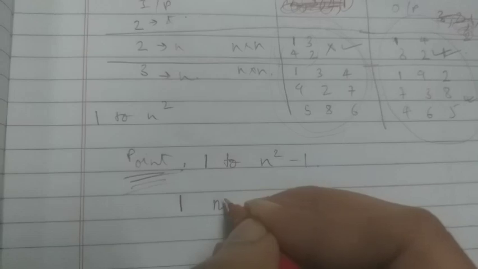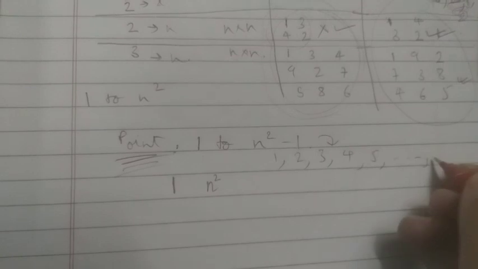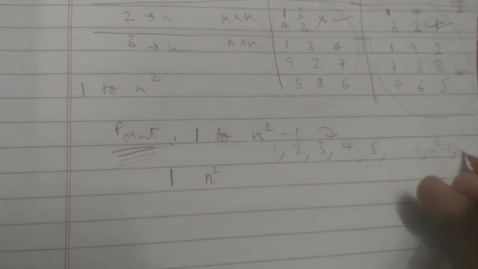What we can do, first of all, is insert 1, and the adjacent element can be, let's say, n squared. The numbers are 1, 2, 3, 4, 5 dot dot dot n squared minus 2, n squared minus 1, n squared.